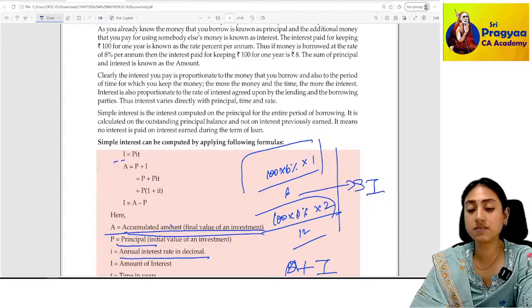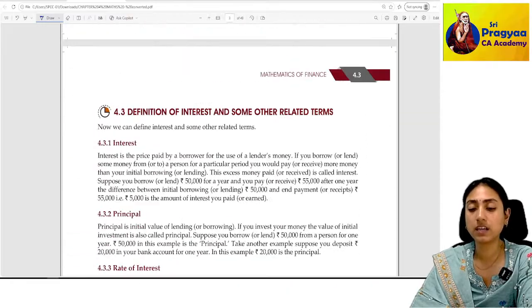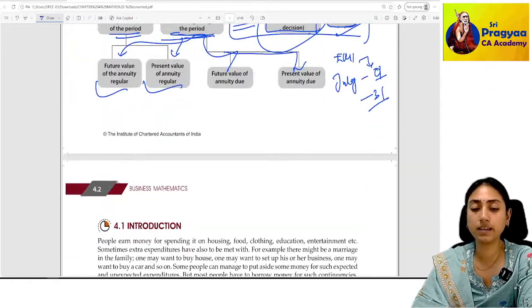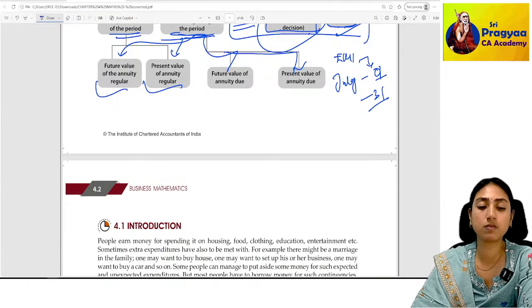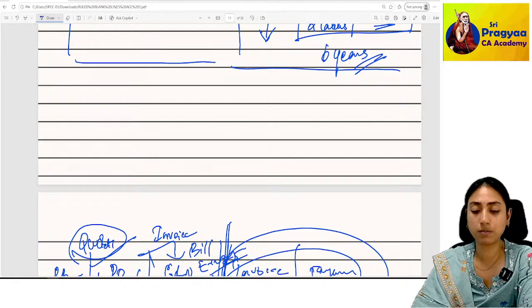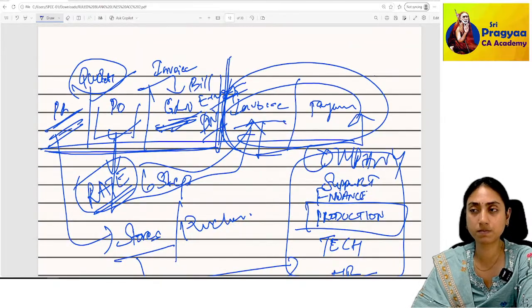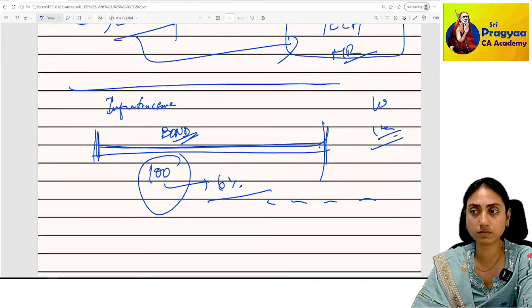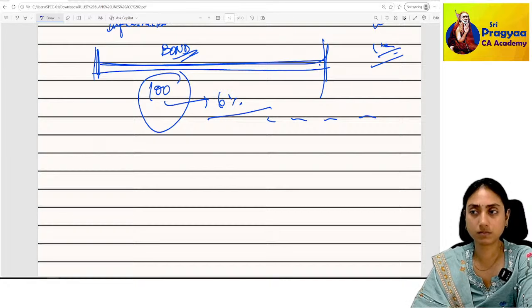In the same case where we were discussing bonds, you are buying an infrastructure bond for 100 rupees at 6% interest. What is the value of your investment? 100 rupees is the cost of your investment.